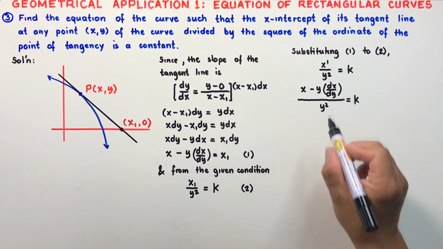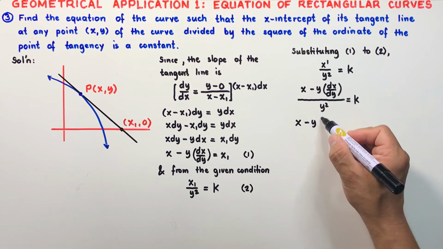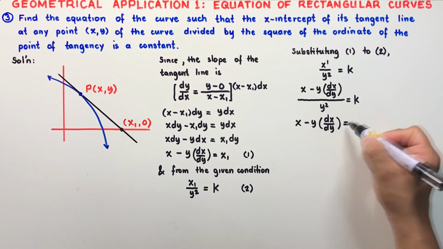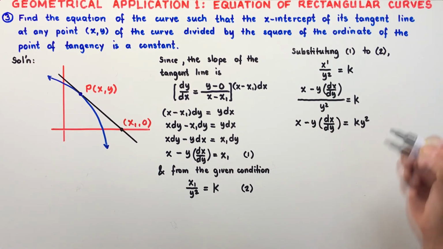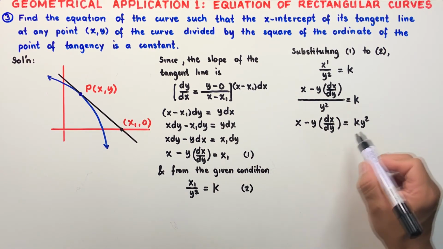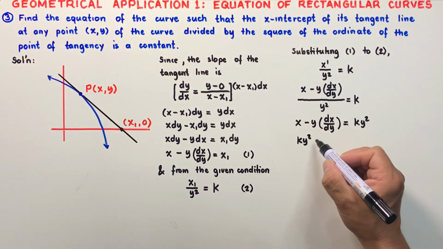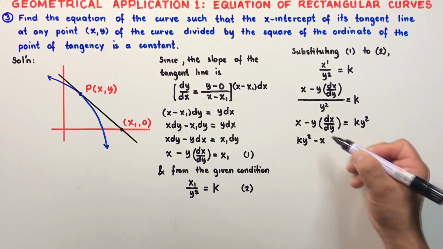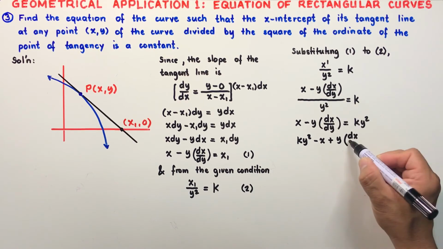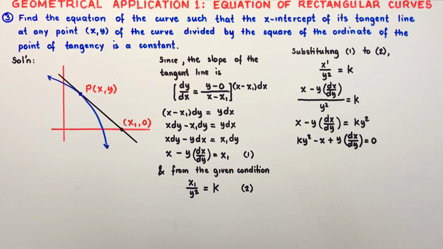And if we multiply both sides of the equation by y squared, we have x minus y times dx over dy, which is equal to ky squared. Then moving these two terms to the right hand side of this equation, we have ky squared, which is subtracted by x plus y times dx over dy, and this is equal to 0.